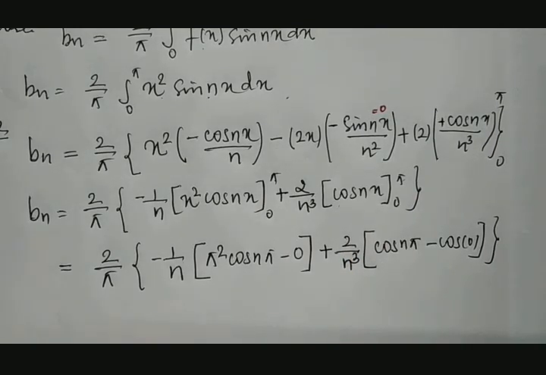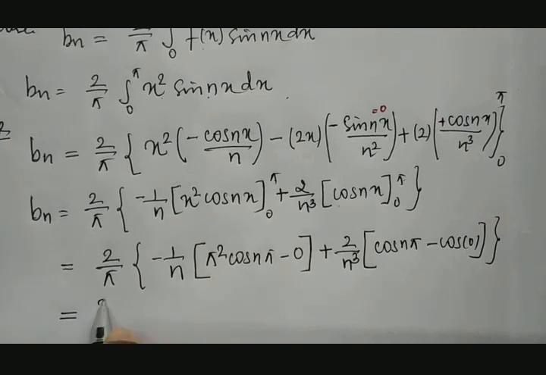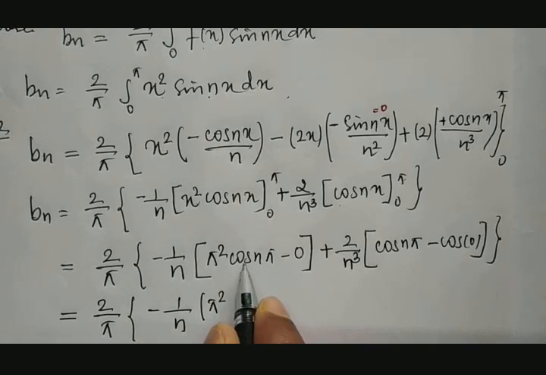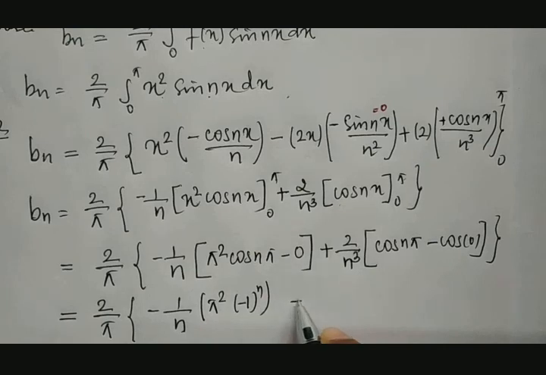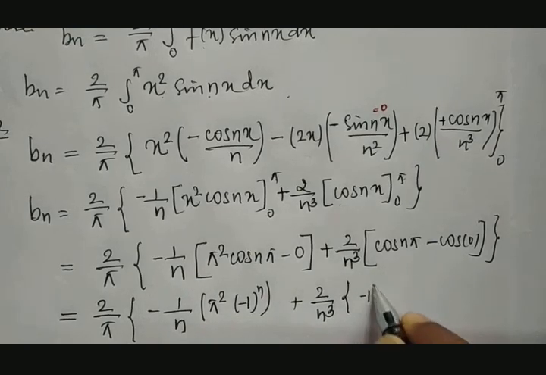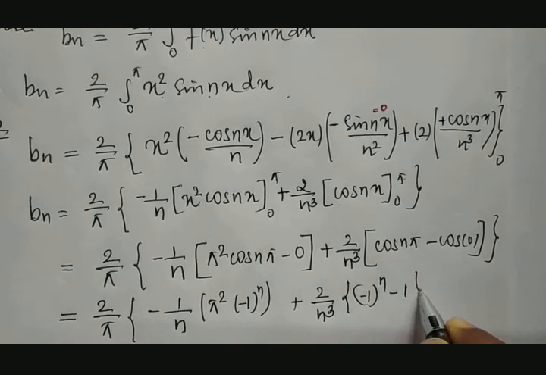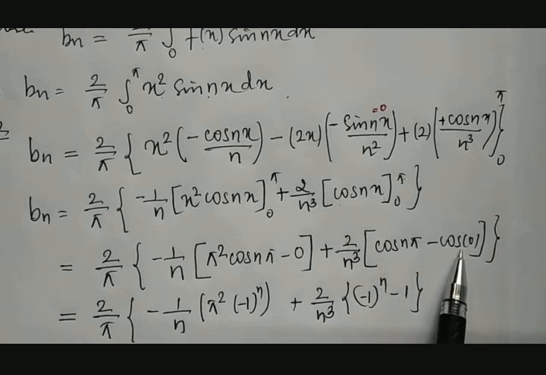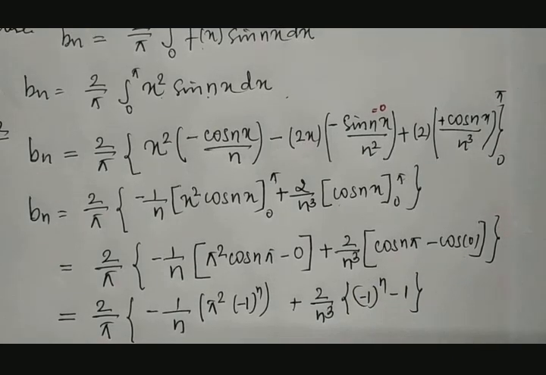Fine. Therefore, this is equal to 2 divided by pi into minus 1 by n into pi square, and what about this? This is nothing but minus 1 raised to n. Fine. Plus 2 divided by n cube into, this is minus 1 raised to n, and cos 0 is 1. Cos n pi is equal to minus 1 raised to n, and cos 0 is equal to 1.